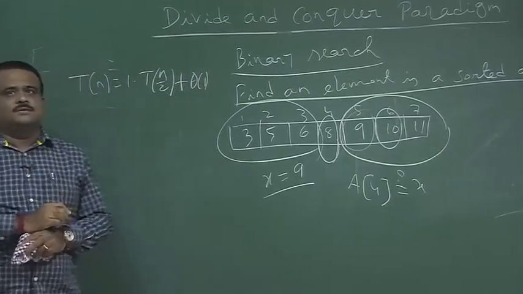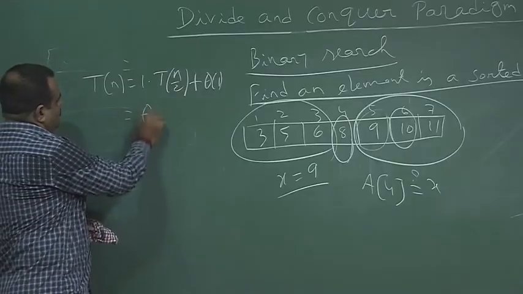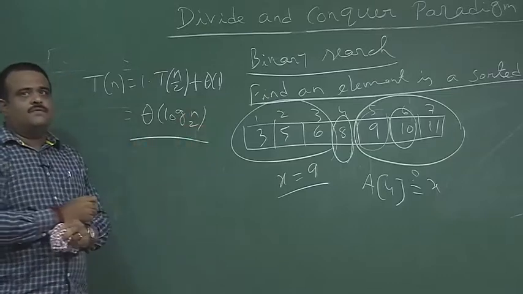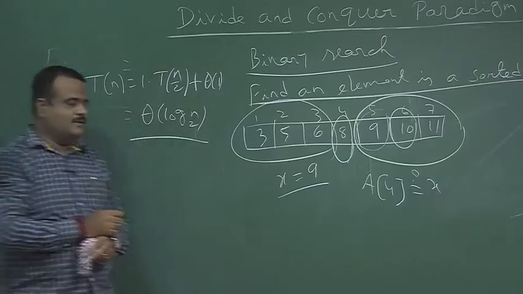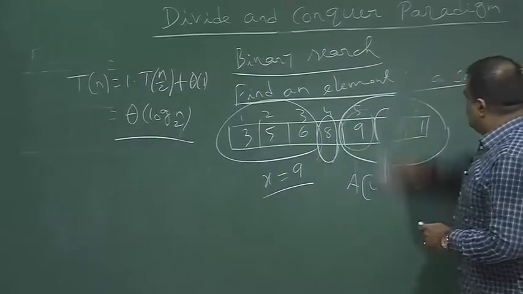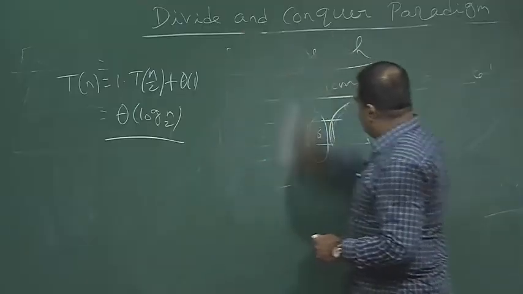Again by the master method we can see this is basically theta of log n, a logarithmic algorithm for finding an element in a sorted array.